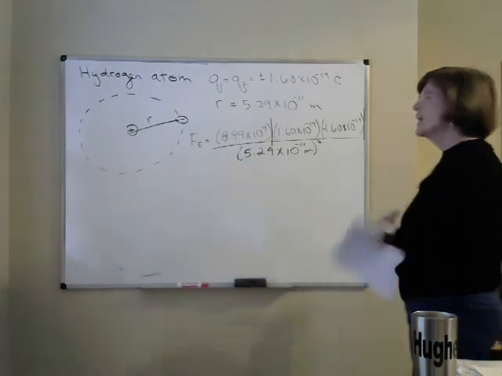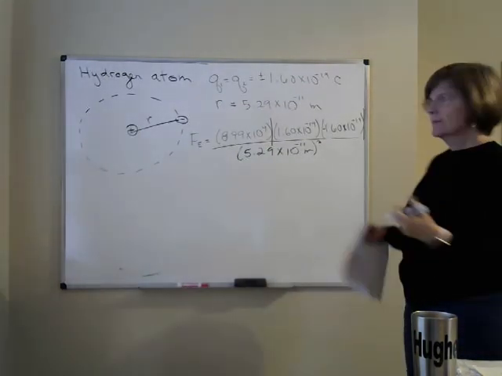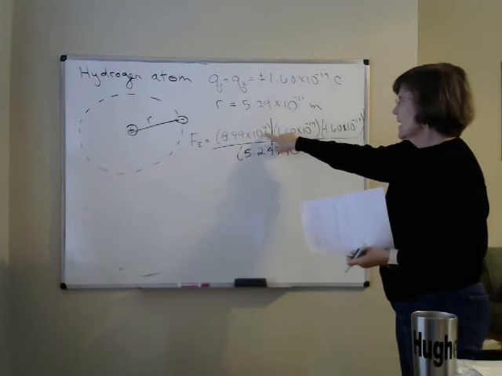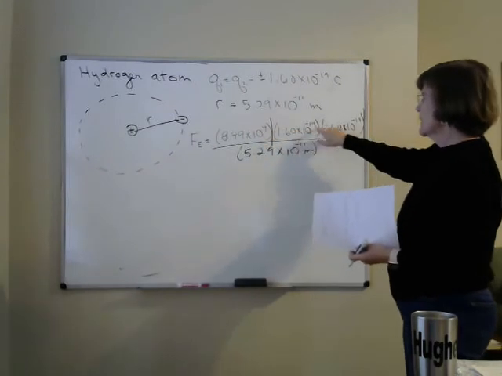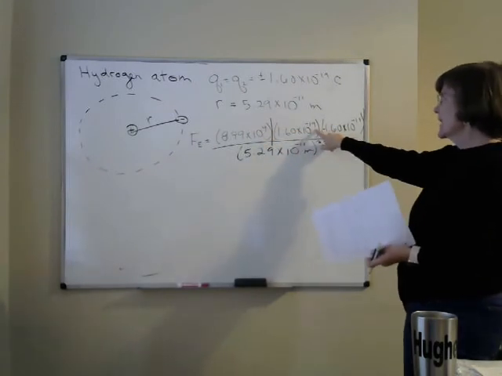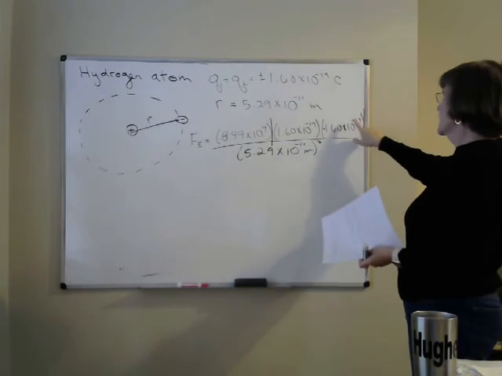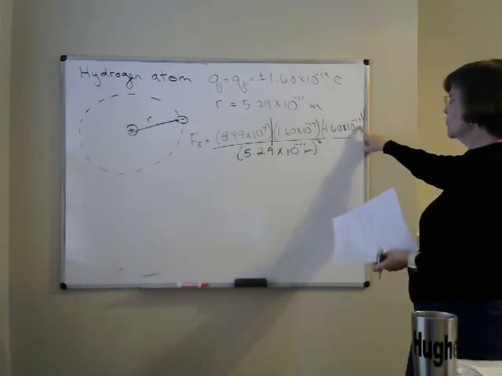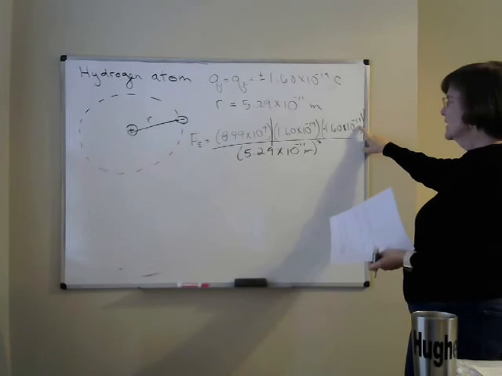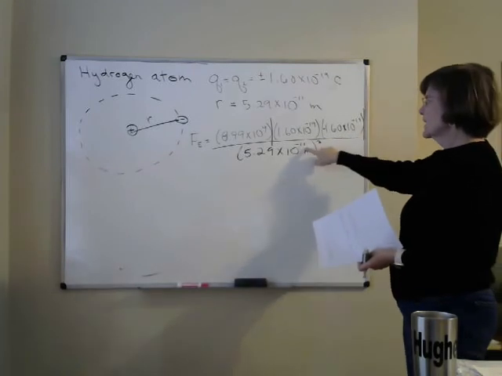Let's do a rough order of magnitude. That's 10 to the 9th. That's 10 to the negative 19. So we're at 10 to the negative 10. That's 10 to the negative 29, and this is negative 22.